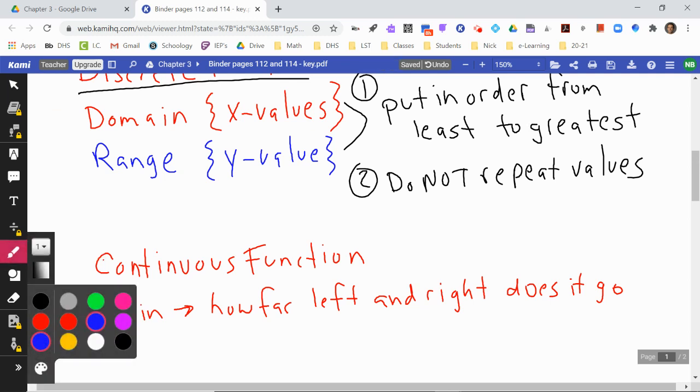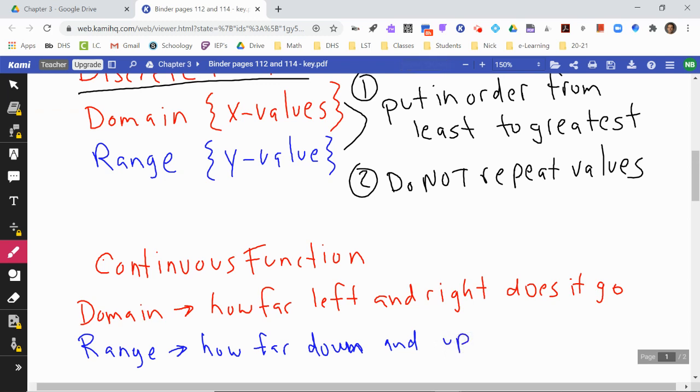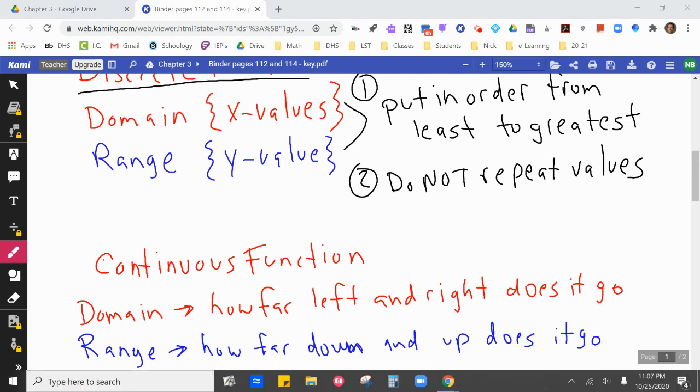And for my range of a continuous function, that's going to be how far down and up does it go? How low does it go? How high does it go?